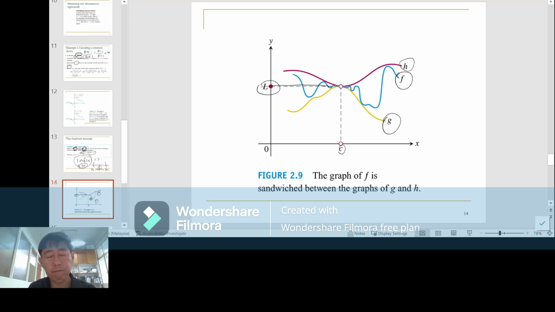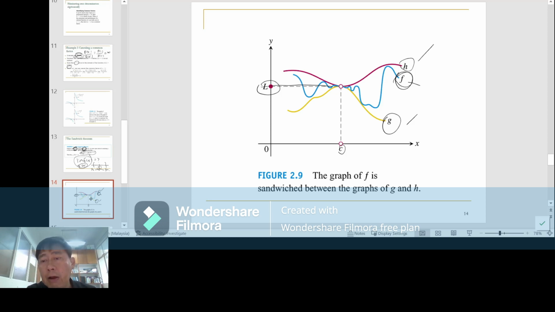So it is intuitively easy to understand, right? You make use of the limits of the functions h and g that sandwich the function f to arrive at the limit of the function f. Okay, let me say it again.